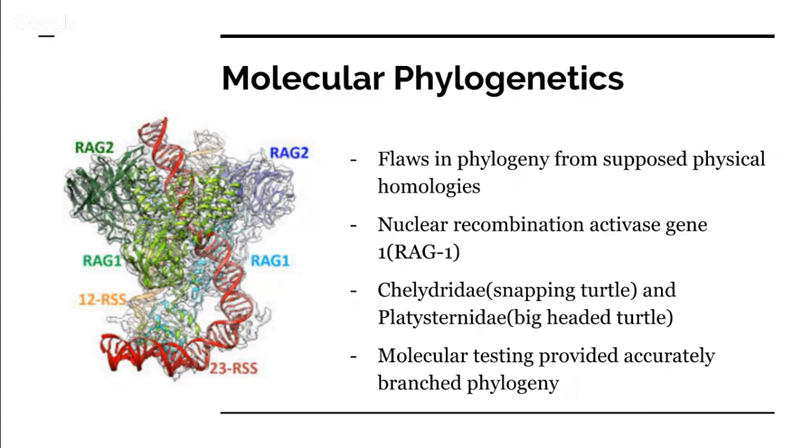Out of the families that I had spoken with you about, the first branching would be with the Cheluridae family, followed by the Dermochelidae family, and then the Kinosternidae family, the Amidae family, the Plastostyrinae family, the Geomididae family, the Testudinae family, the Dermochelidae family, and the last branch would be the Chelonidae family, in that order. So that's what molecular phylogenetics did for the turtle: we were able to figure out the order.